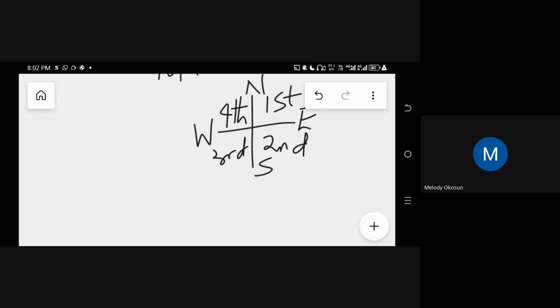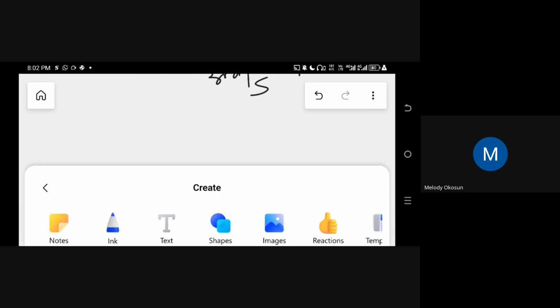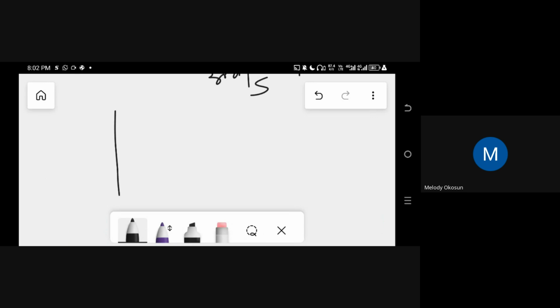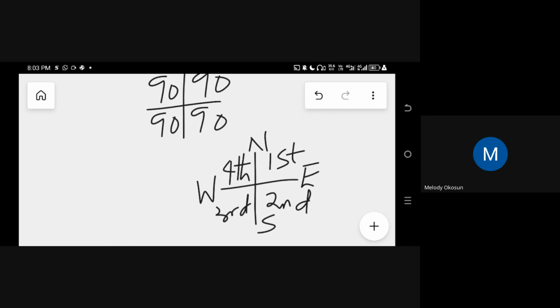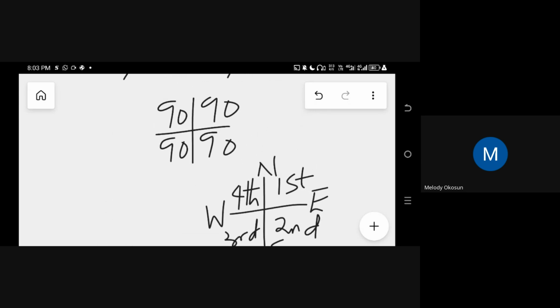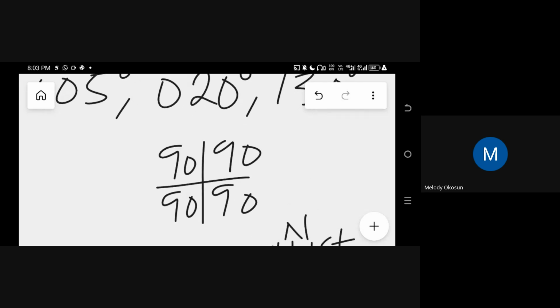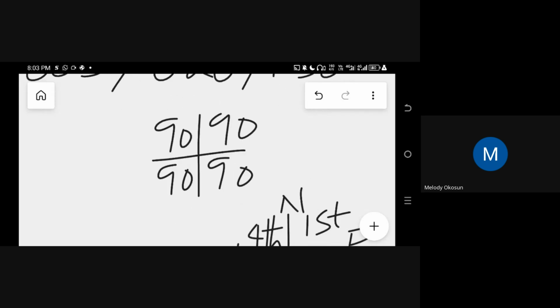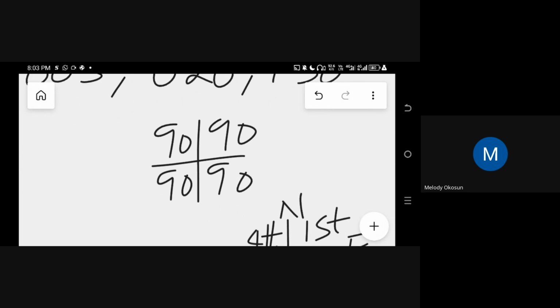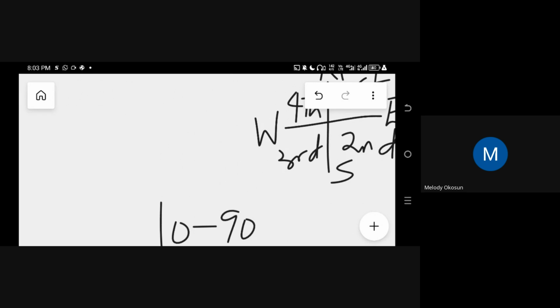Now, in your first quadrant, you have 0 to 90. Remember that each quadrant carries 90. Now, in your first quadrant, you have 0 to 90 degrees.